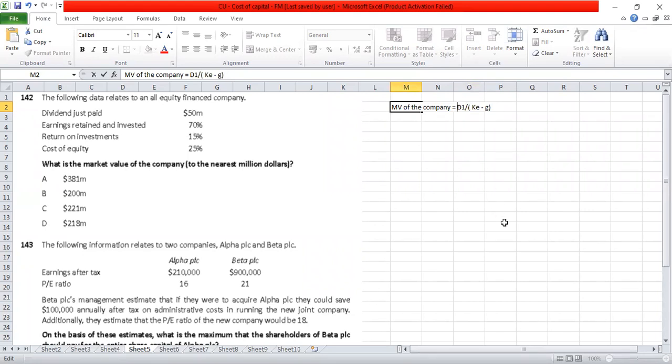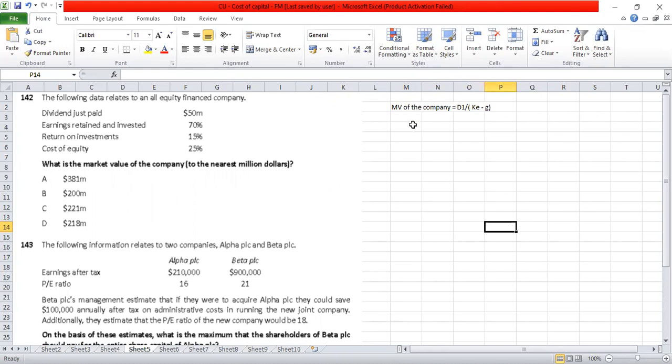So let's check whether we have all the variables. Do we have D1? D1 is the dividend which has to be paid at the end of the period. The dividend which is paid just now is 50 million. Then this has to grow.